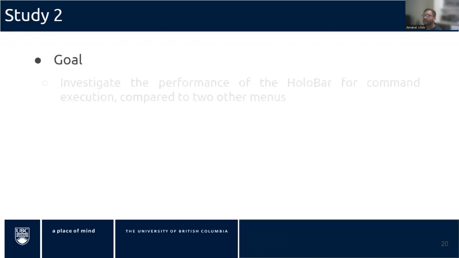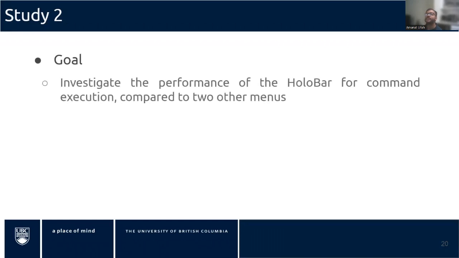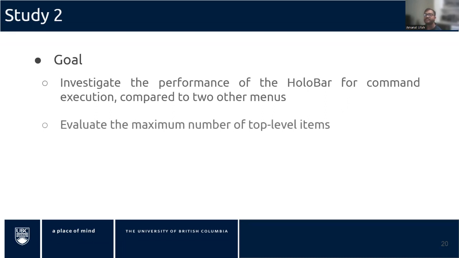So for the goal of study two, the authors mainly wanted to see the performance between the Holobar and the two other menus. Another important goal was to evaluate the maximum number of menu items that they can keep, that they can accurately point to.